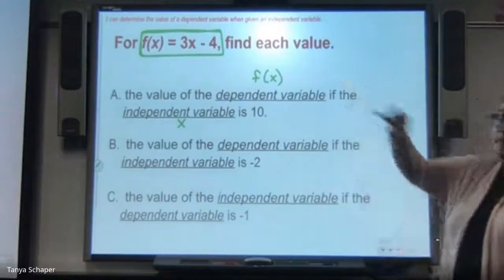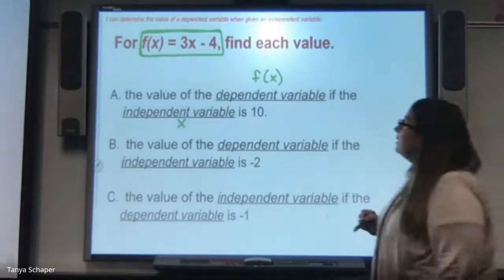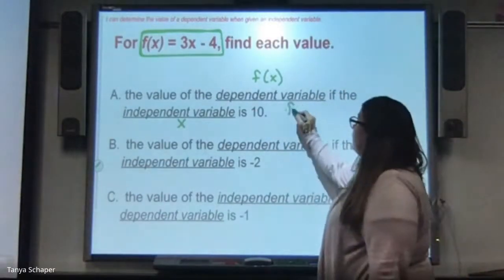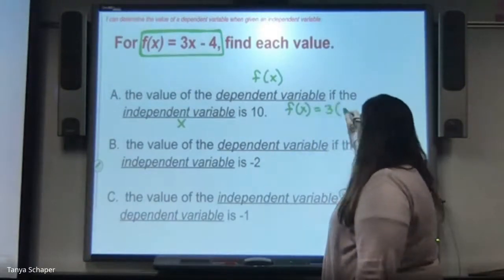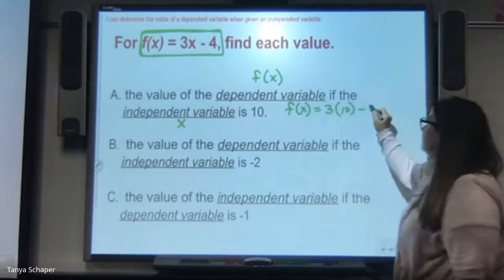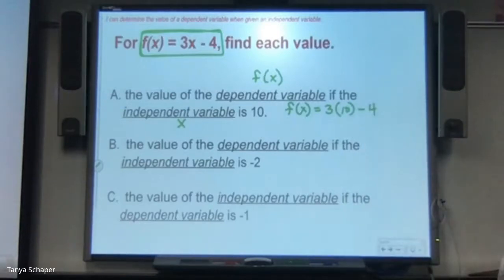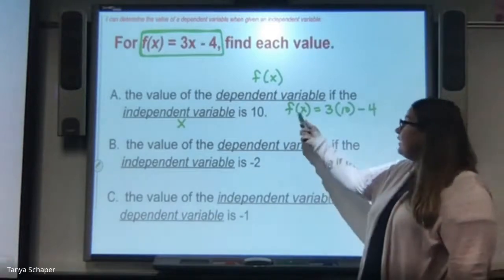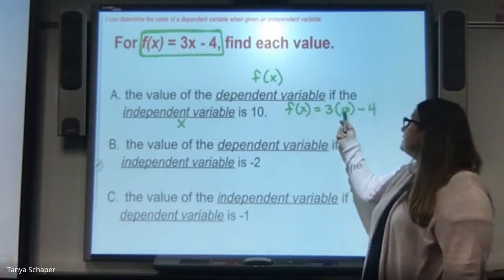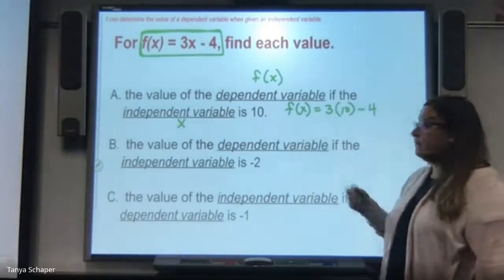So when I look up at that equation, I want to figure out what is the dependent when the independent is 10. So I'm going to put 10 in for x. Find the value of f of x when 10 is your x value.